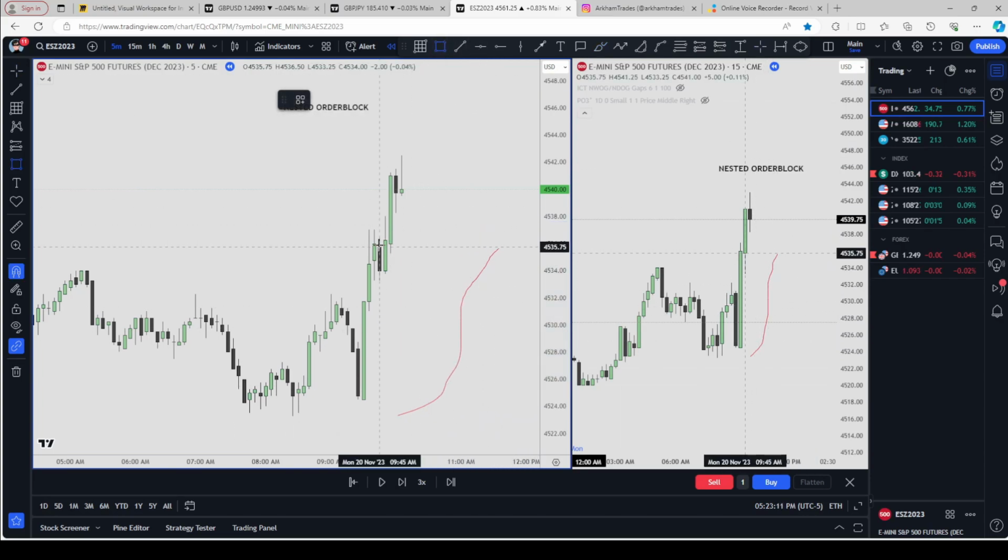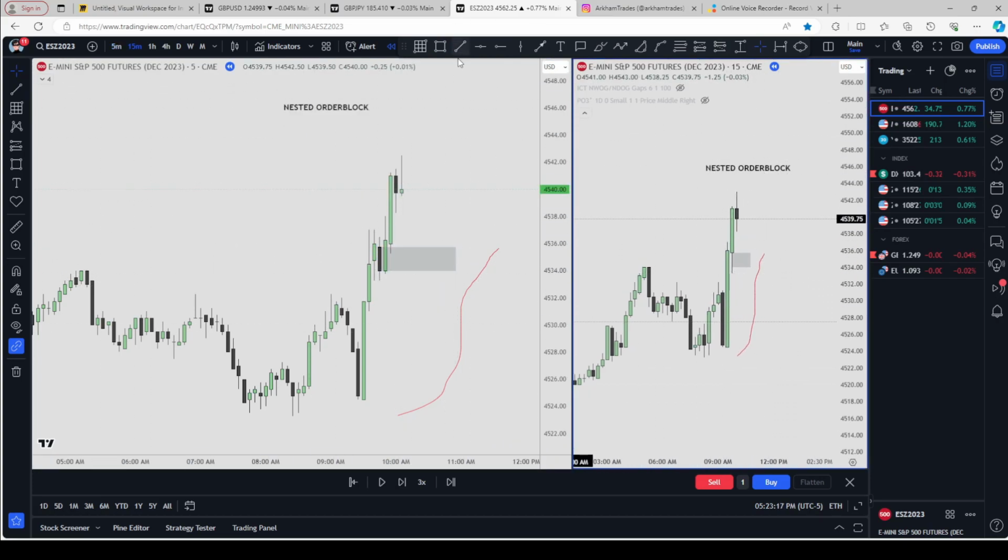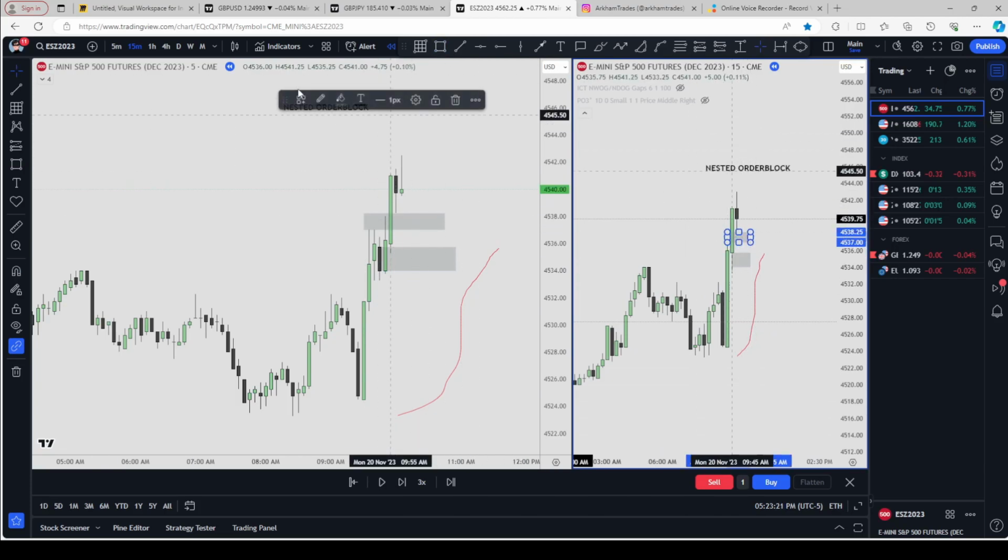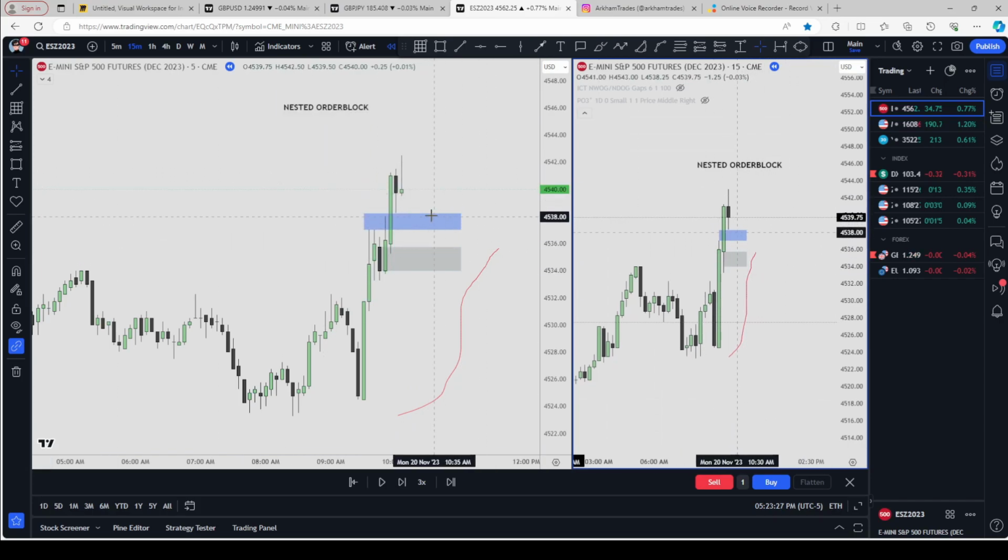We have this last down close candle inside of this M15 bullish fair value gap right here. So overall we have a M15 bullish fair value gap, and then inside of that bullish fair value gap on the M15 we have a M5 down close candle just below it.